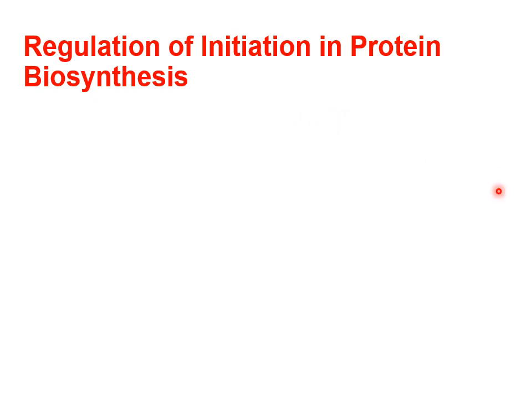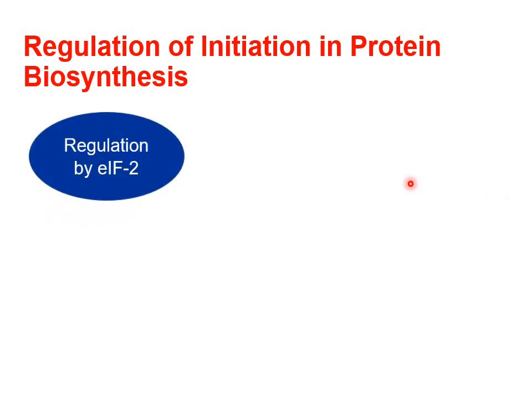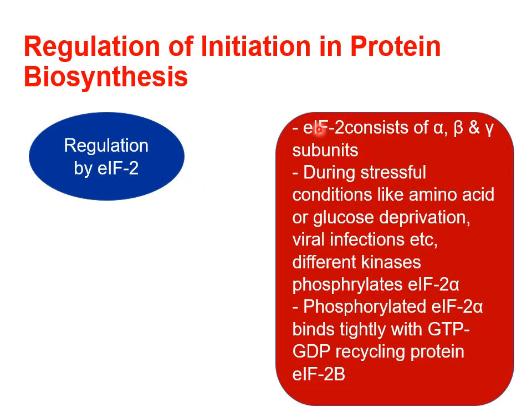There are two important regulatory proteins involved in the regulation of initiation. The first one is regulation by eukaryotic initiation factor 2. This protein eIF2 consists of three subunits, that is the alpha, beta and gamma subunits.